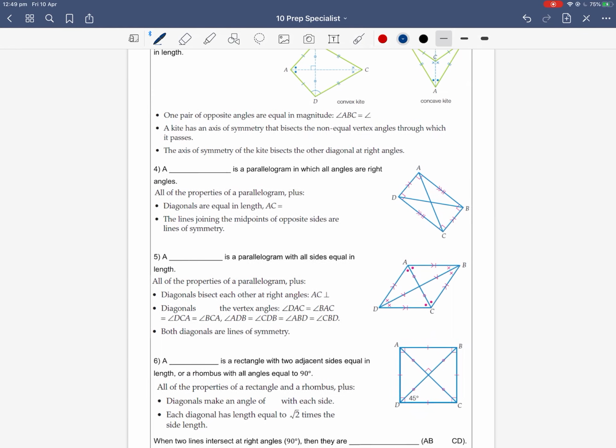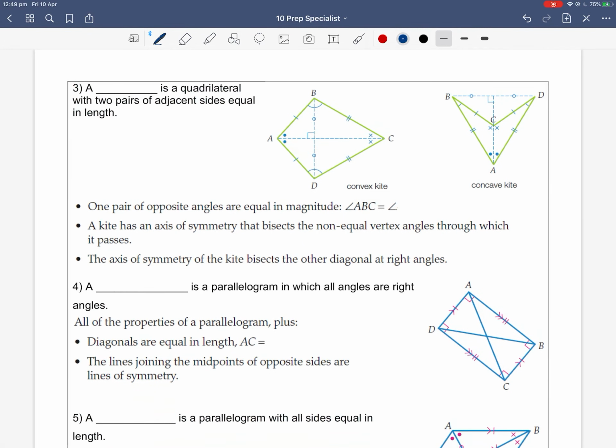Our next quadrilateral, if you turn over the page, quadrilateral number 3 is a kite. So a kite is a four-sided shape where two pairs of adjacent sides are equal in length. Now, the word adjacent means next to each other.